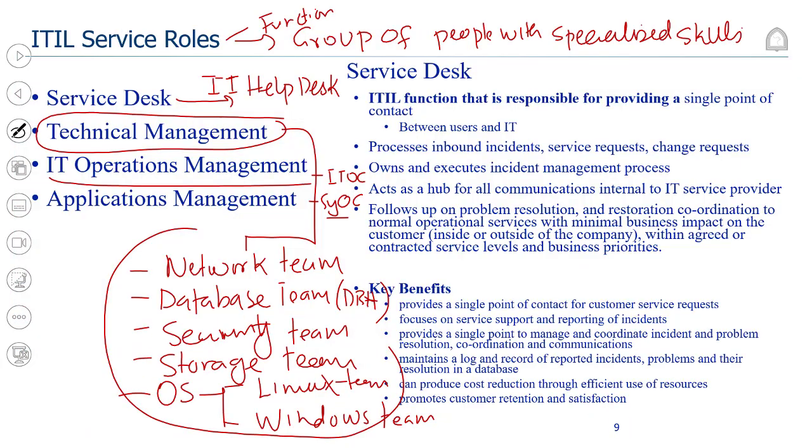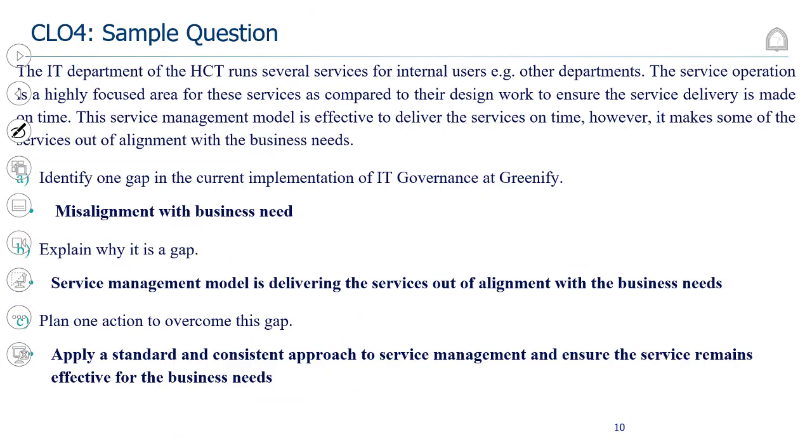So that is it. Let's go for this one here. It's not something that I could actually dwell on, but for CLO4 you will find a text and you'll just be asked to identify the gap from the text, explain why it is a gap, and then probably explain an action that you can take to overcome it.